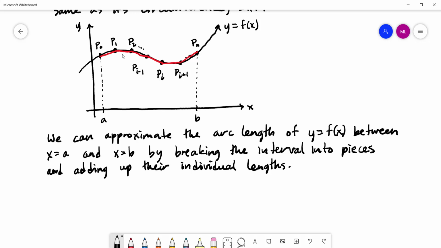And that will make our approximation exact. So what we're really doing is adding up the individual lengths of the line segments.